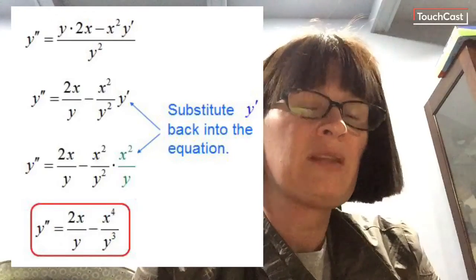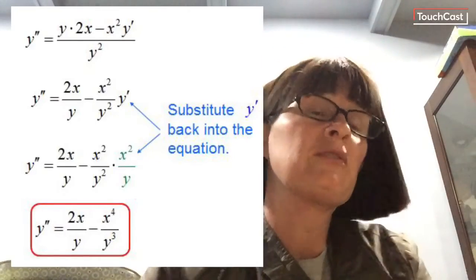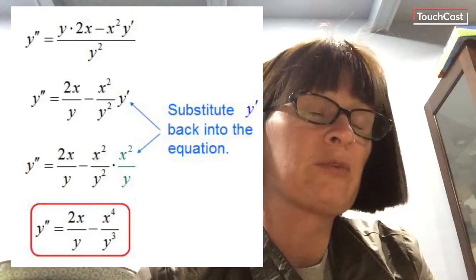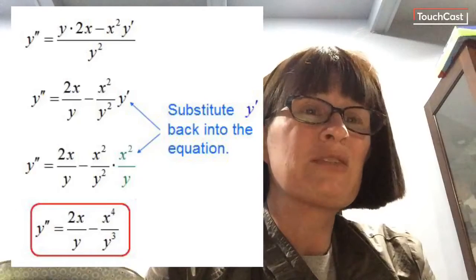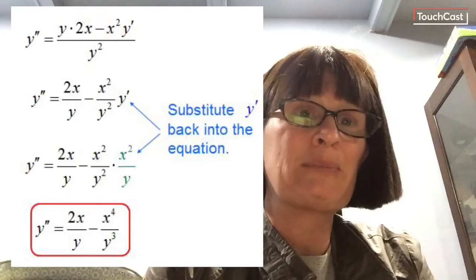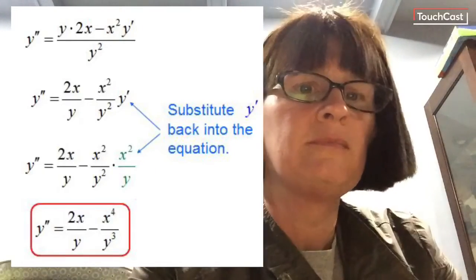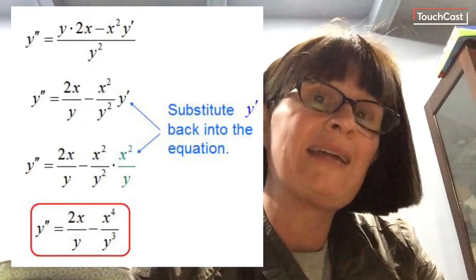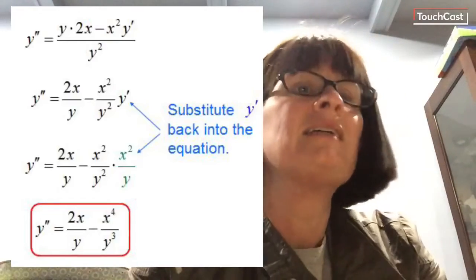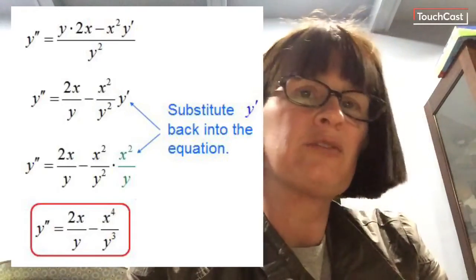This is all with respect to x, so the derivative of x squared with respect to x is 2x. I'm going to subtract high times the derivative of low. Here's where I'm going to need implicit differentiation. High is my x squared, and the derivative of low, the derivative of y with respect to x, is dy dx. I can use that notation y prime.